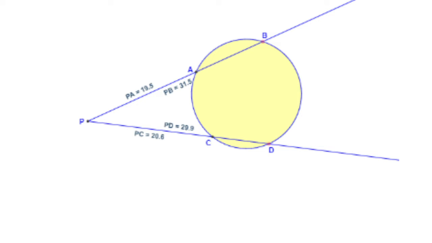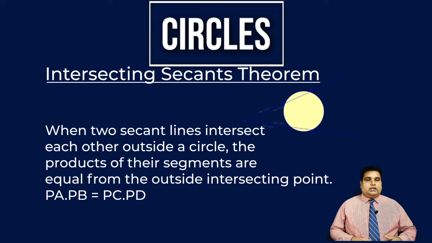Here you can see in the diagram that point P is outside the circle, and two secants originate from point P: secant PAB and secant PCD. The theorem says that when two secant lines intersect each other outside a circle, the products of their segments are equal from the outside intersecting point.